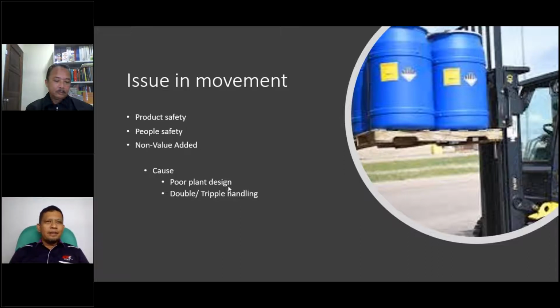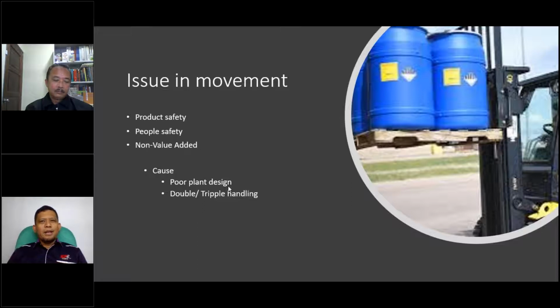Another example, I always ask, why do you always put your tank farm at the end, after 1 or 2 kilometers, maybe less than 1 kilometer, at the end of the plant? Some of them say it's because of safety. If it's too near to the plant, it can cause an explosion, and then another big issue, a catastrophe.